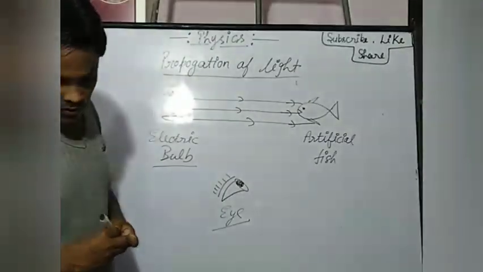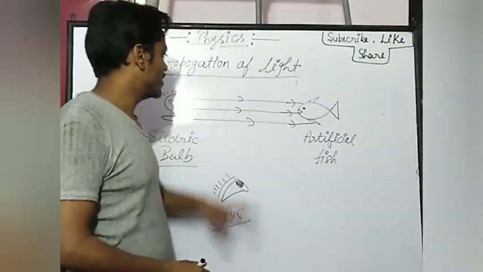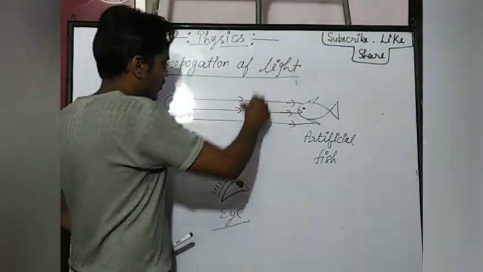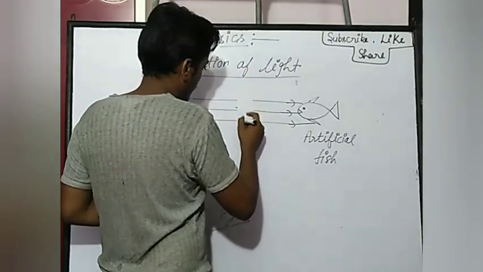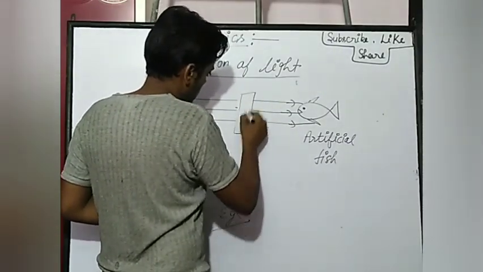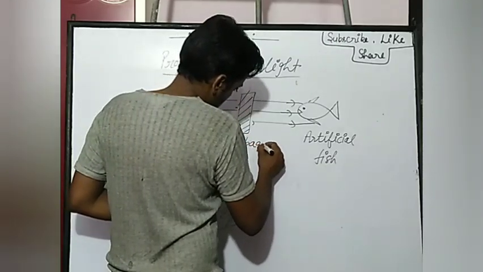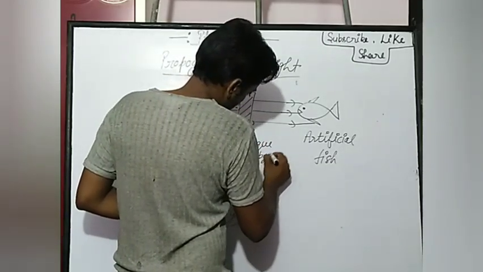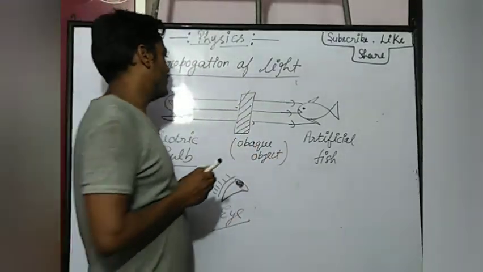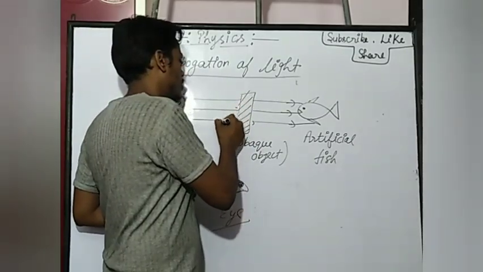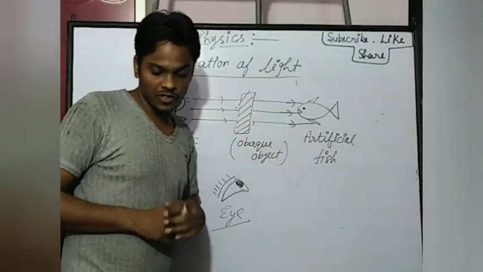What will happen when we place an opaque object in the middle of this pattern, between this electric bulb and the artificial fish?